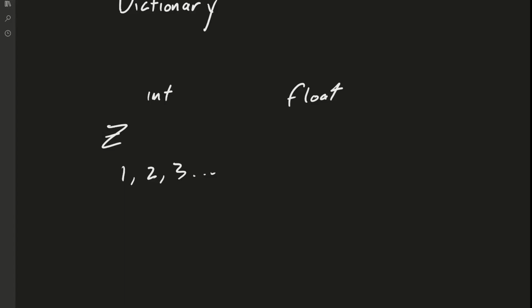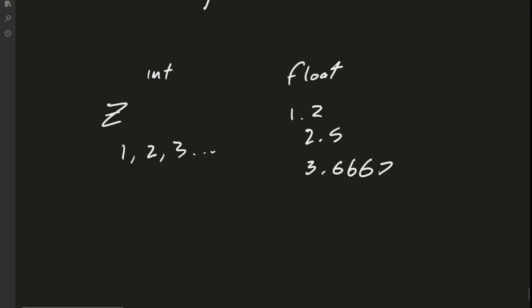Floating point numbers have a decimal part. So it could be 1.2, 2.5, 3.6667. We could have 1.0 even. These are actually two different variables. It's not the same.